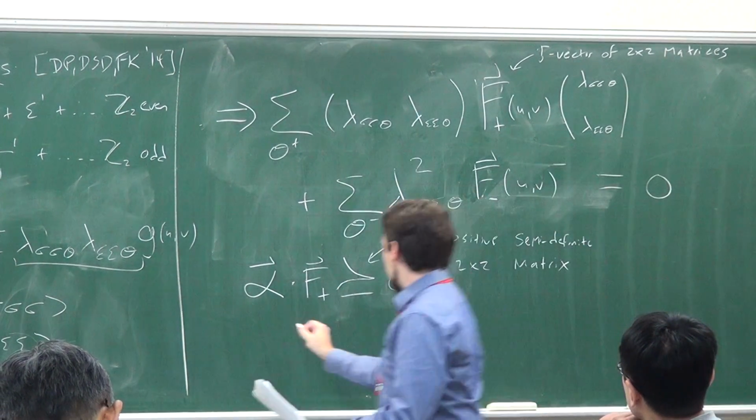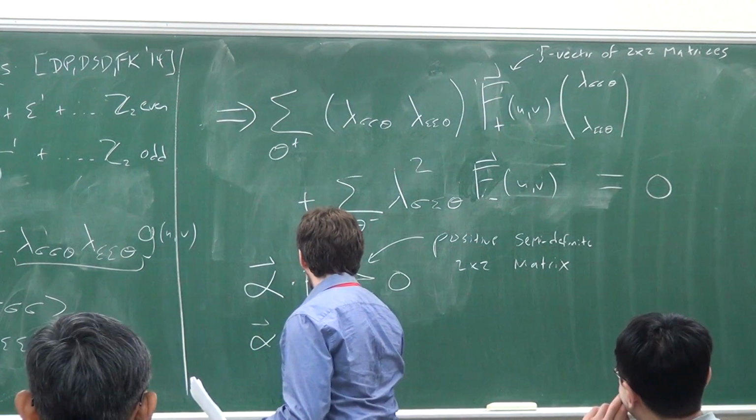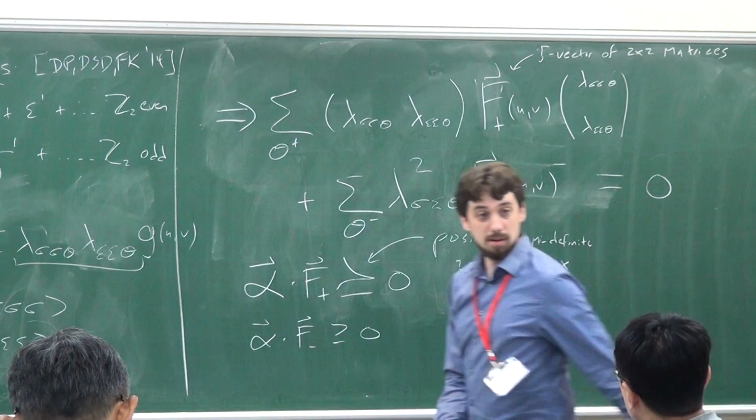I also want alpha acting on this F minus to be greater than or equal to 0 as well.